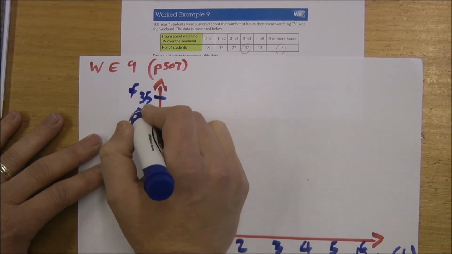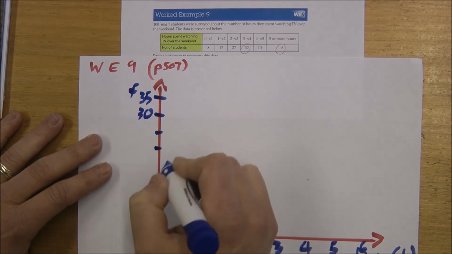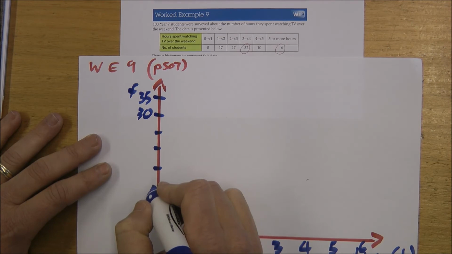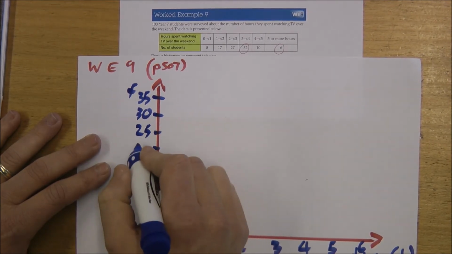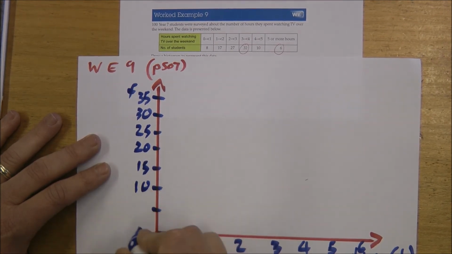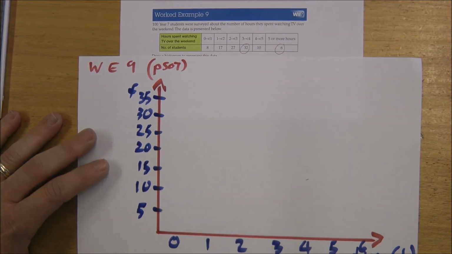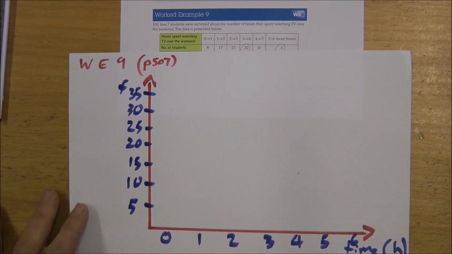So I'll make that 30, 25, 20, 15, 10, and these are supposed to be evenly spaced, and if you had a ruler, you could put your ruler on there and measure the distances. It's a little bit more difficult on my page where I don't have the lines to do it.